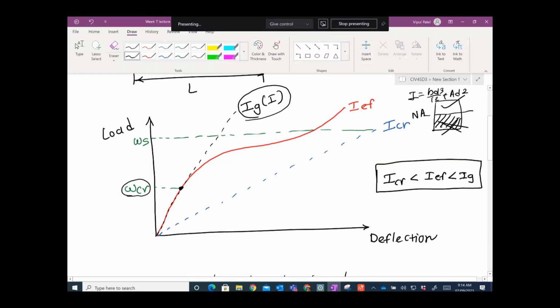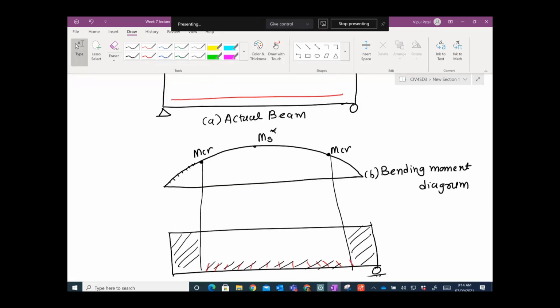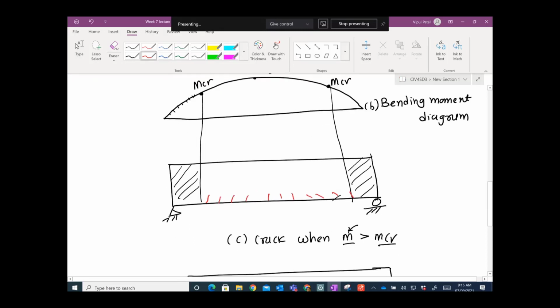But the standard says, look, if you have this cracking, in between the cracks the concrete here, here, and here can still contribute some amount of resistance to the tensile moment. Concrete is not good in tension, but it still has some resistance.